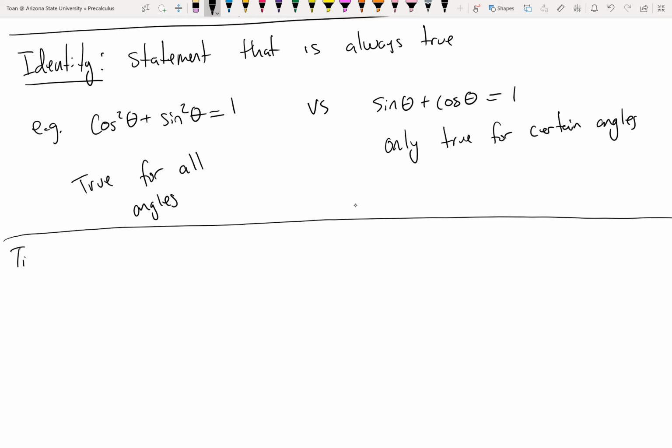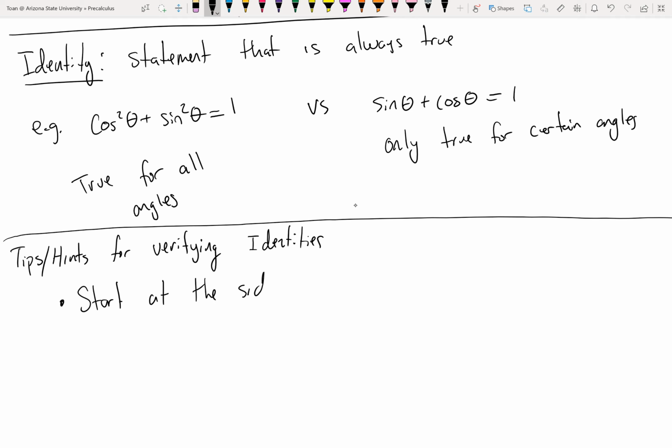So, tips or hints for verifying identities. For me, start at the side that looks more complicated.